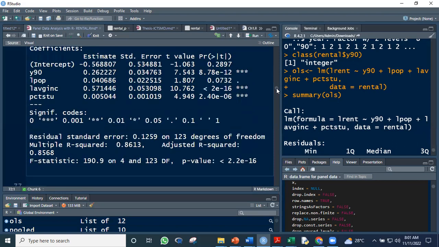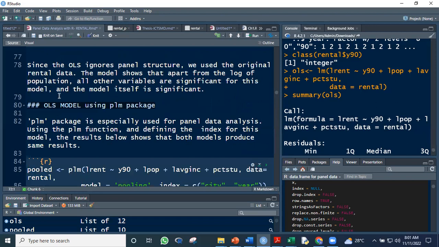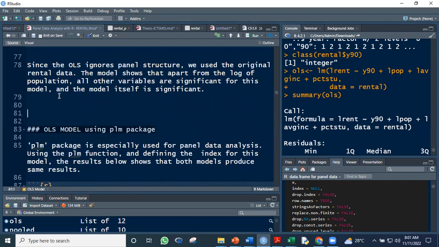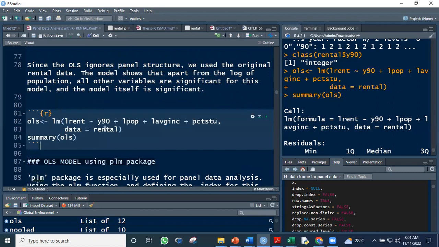Control C. All right, I'm going to Control V. All right, so let's make y90 a factor. You can convert a particular variable into a factor by putting this one. So let's make it OLS1, summary OLS1. Here I'm changing y90 to a factor and telling R to consider it a factor. So let's run this.